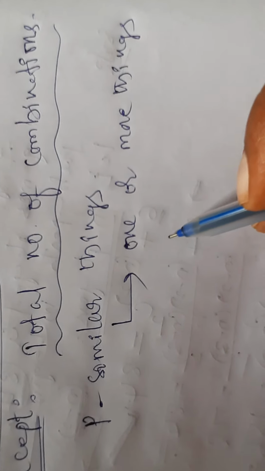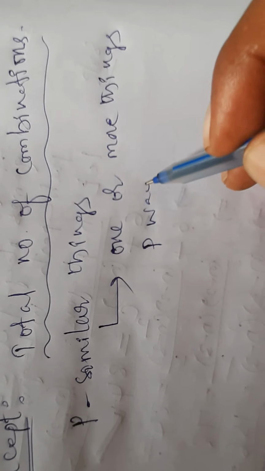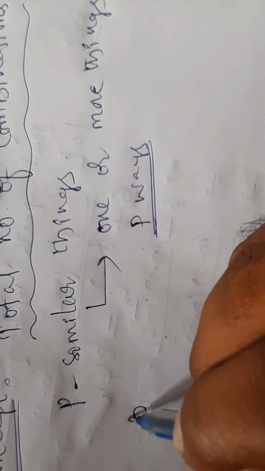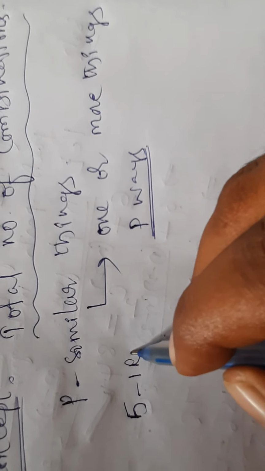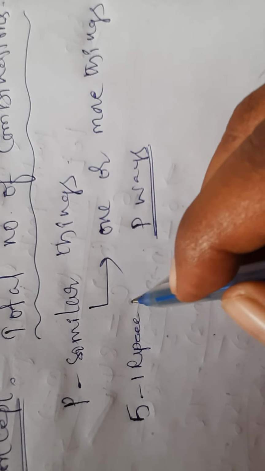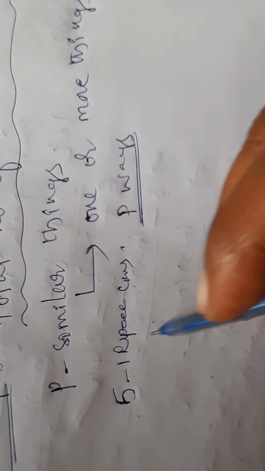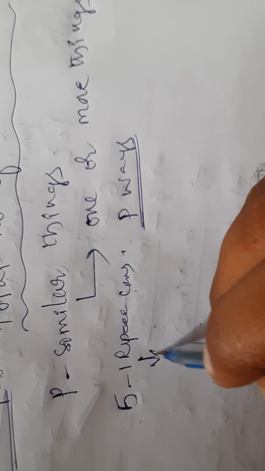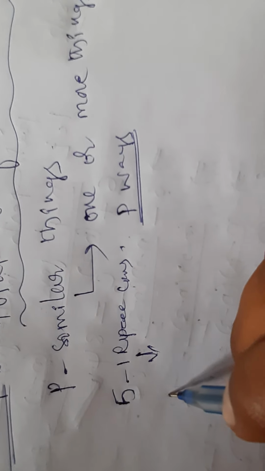How many ways can I select? P ways. Already I gave this concept. For example, if I have 5 1 rupee coins, out of these 5 1 rupee coins, I have to select 4 coins. How many ways can I select 4 1 rupee coins out of 5 1 rupee coins?